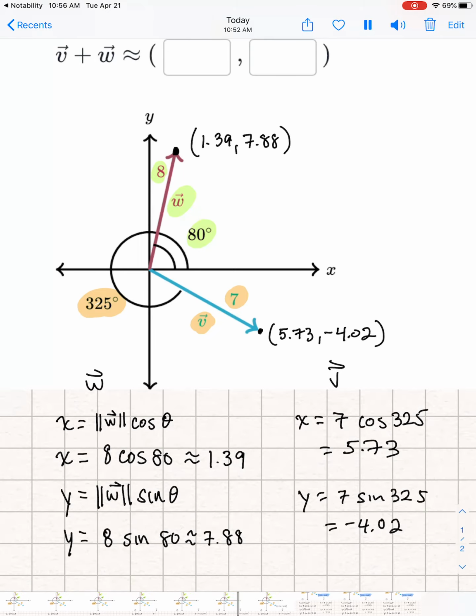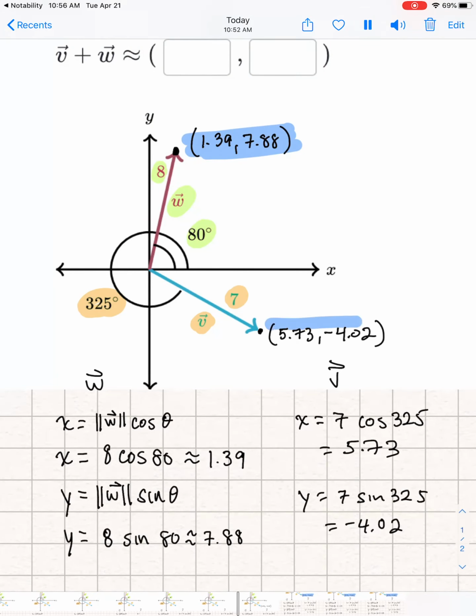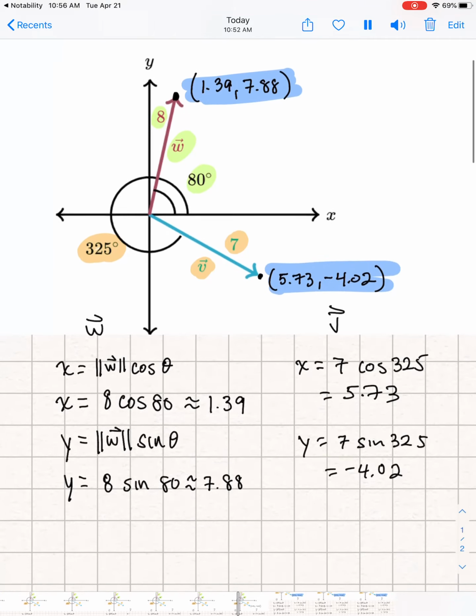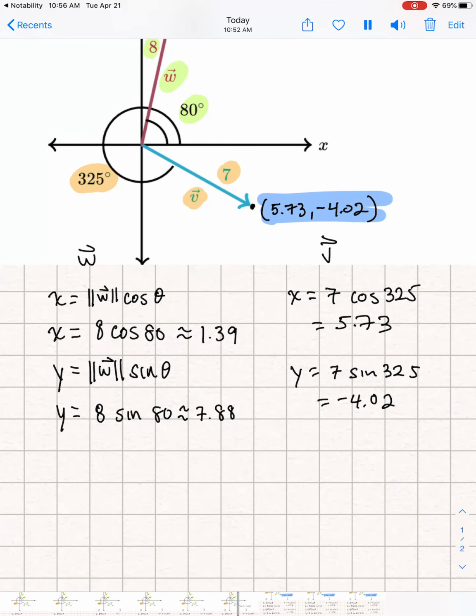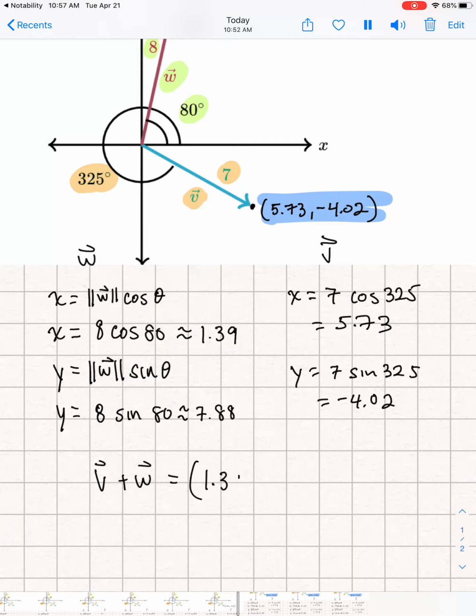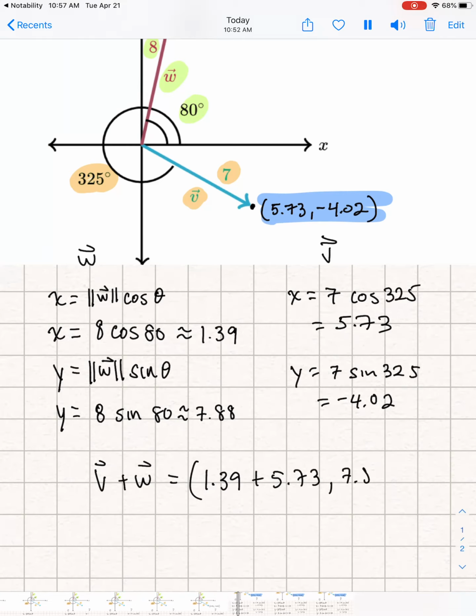Once you get these two points that we have here, all you have to do is add those together. So for V plus W, that's all I'm going to do, add those two together. So V plus W is going to equal 1.39 plus 5.73, comma, 7.88 minus 4.02.